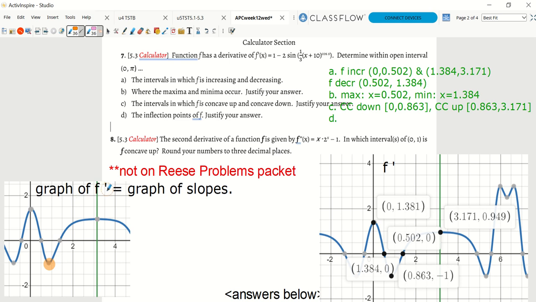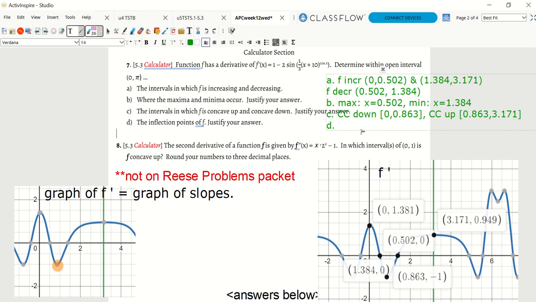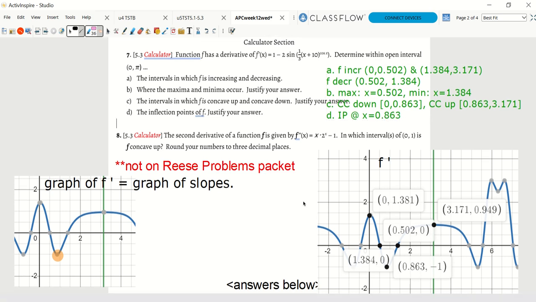Remember, in the graph of f prime, I said before, your inflection points are the humps of the graph of f prime, whereas they are the x-intercepts in the graph of f double prime, where the x-intercepts change from positive to negative or vice versa. So this hump right here is going to be 0.863. So the inflection point is at x equals 0.863, okay?